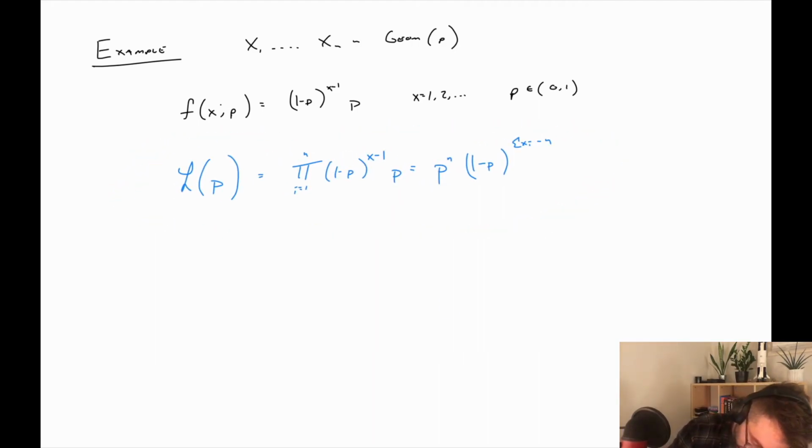Okay. So then I want to take a log. Again, my goal is to maximize this. I just think it's going to be easier if I take a log. Oh gosh, I'm not writing very well.